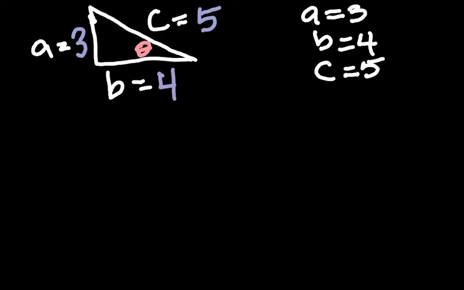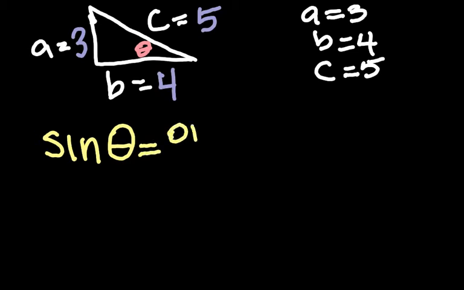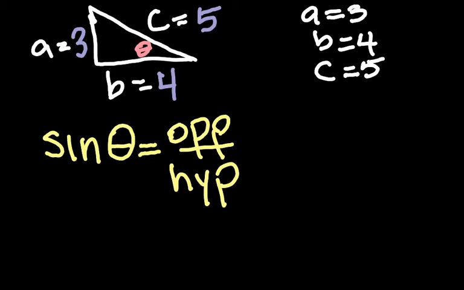Using our Pythagorean theorem calculation from the previous slide, a is 3, b is 4, and c equals 5. So what we're doing now is we're trying to figure out what are the trigonometric functions. So what are they? Well, you might remember them from geometry. And the first one is sine. And sine is the same thing as opposite over hypotenuse. So you're going to say, well, what is that?